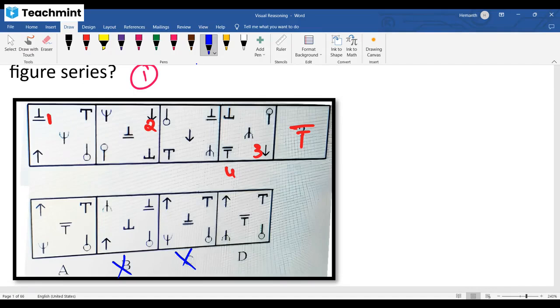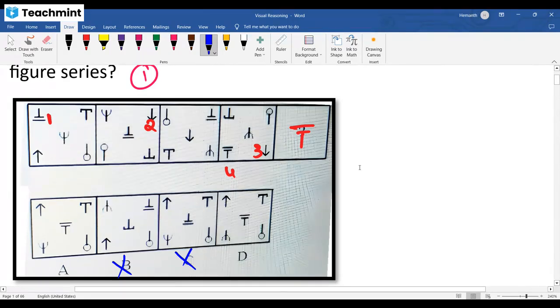This, A and D both. Arrow, you observe, this went to this place, this went to this place, this should come to this.